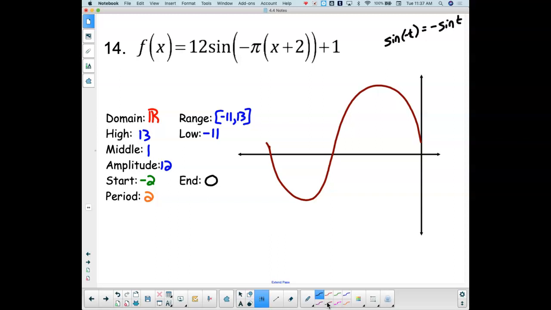So my high here is 13, my middle here is at 1, my low here is at negative 11. Started at negative 2, ended at 0. Actually, this one should be over just a wee bit.